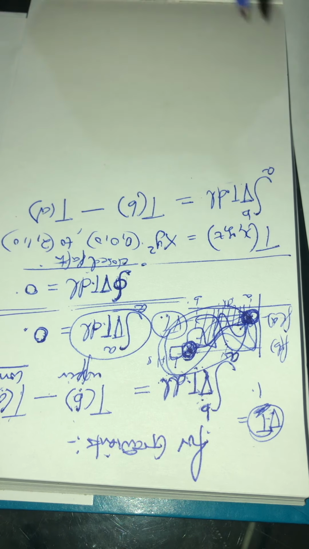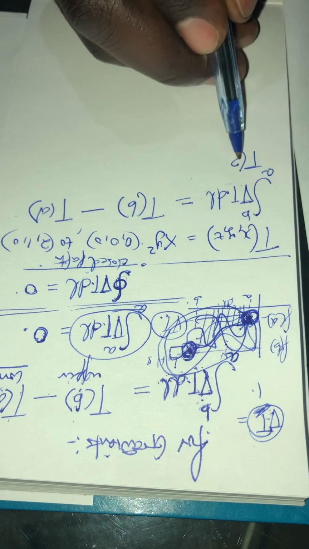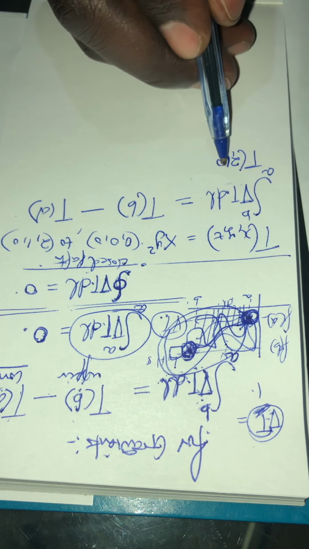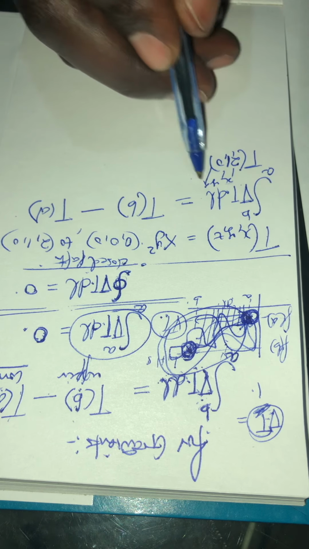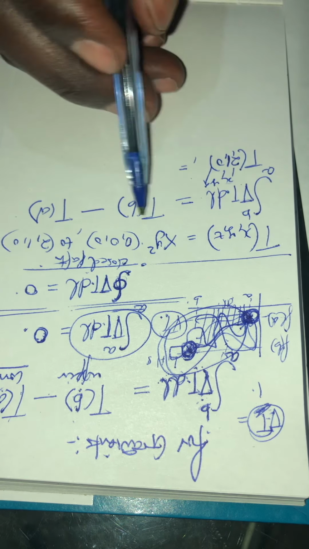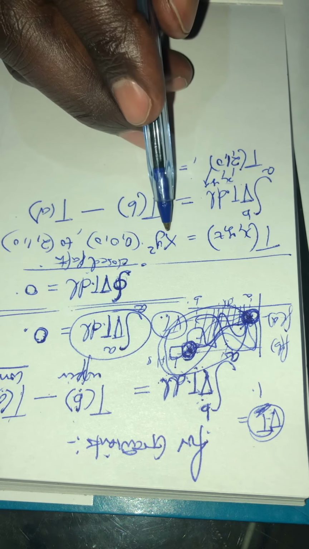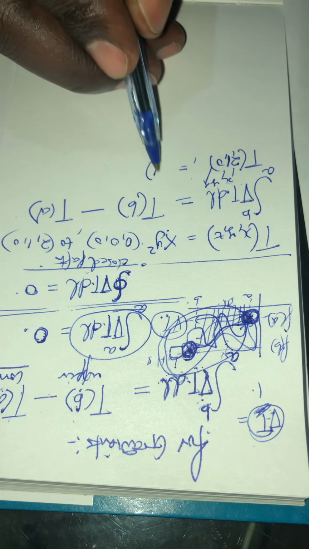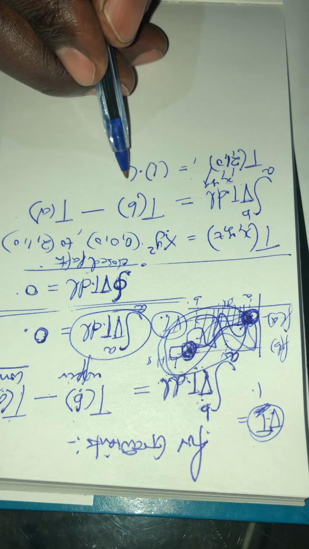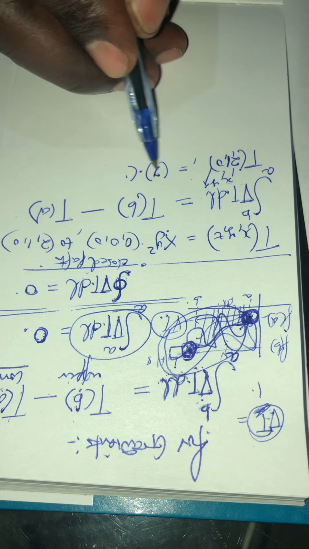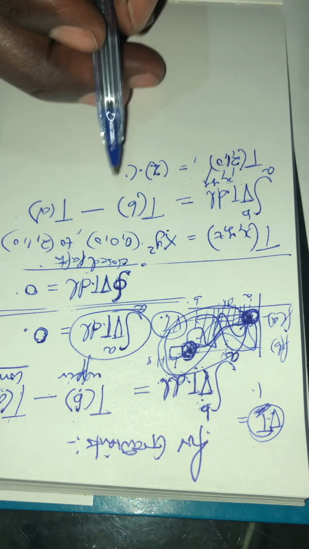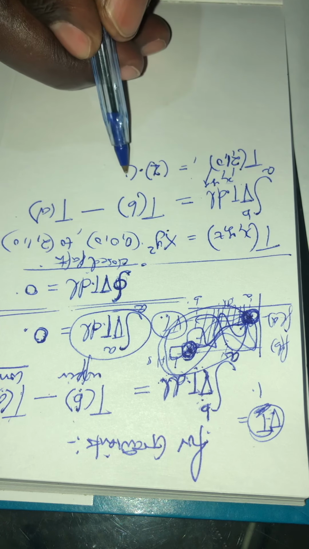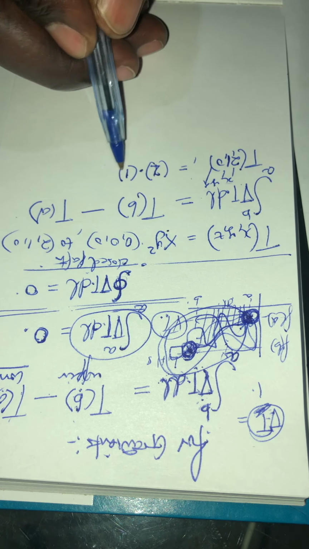So this implies that our upper limit is (2, 1, 0). Remember, this is your x, this is your y, and that is your z. If you substitute it in our function, you get x, which is 2, multiplied by the square of y, which is 1.